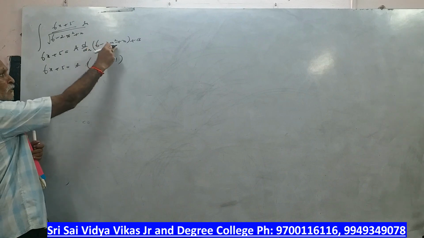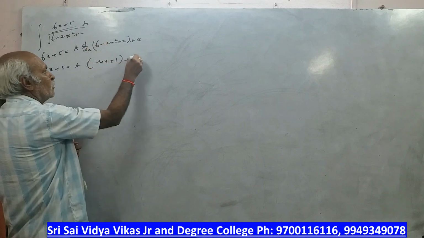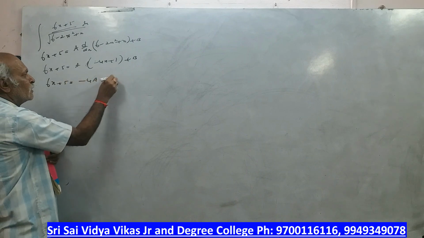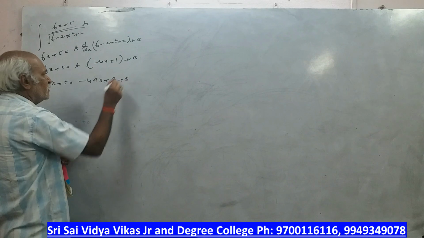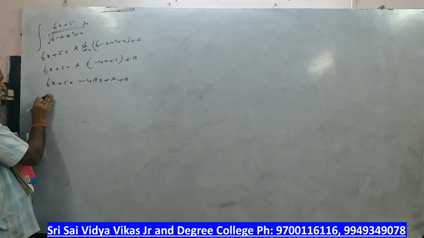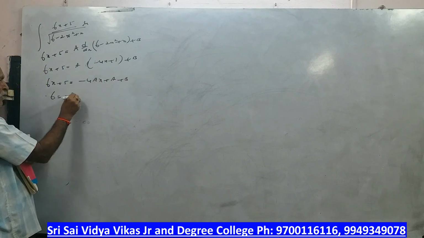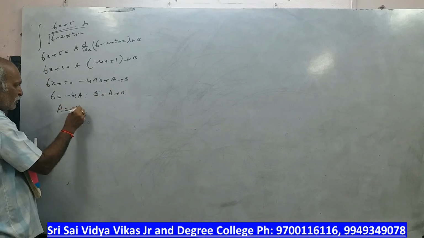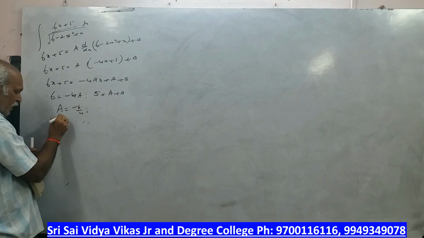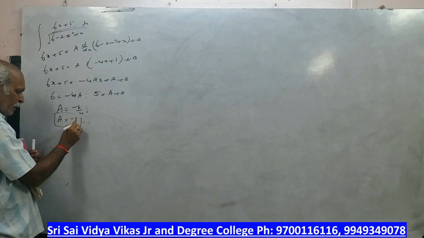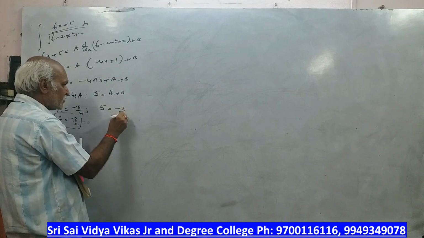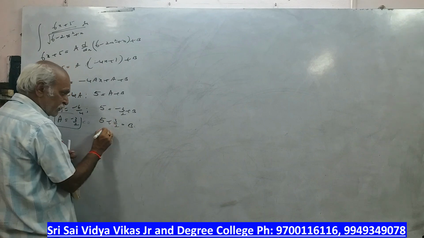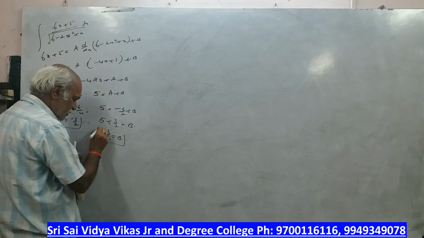Here the derivative of 6 is 0, the derivative of x square is 2x, so minus 4x, plus b, is equal to minus 4ax plus a plus b. So comparing the x coefficient, 6 is equal to minus 4a and 5 is equal to a plus b. So a is equal to minus 6 by 4, so a is equal to minus 3 by 2. So 5 is equal to minus 3 by 2 plus b. 5 plus 3 by 2 is equal to b. So 10 plus 3, 13 by 2 is equal to b.